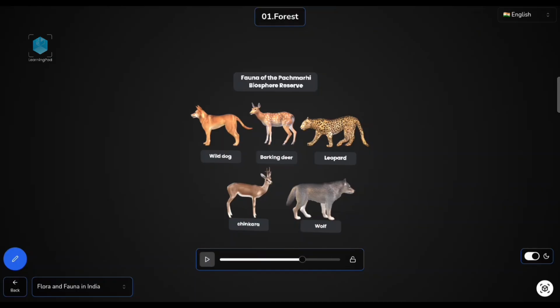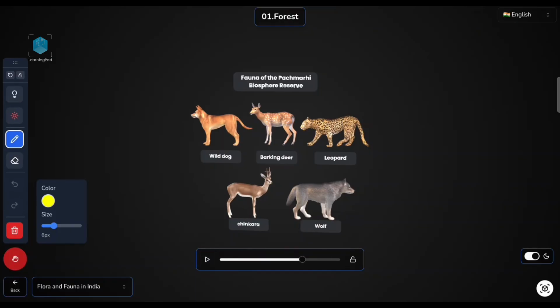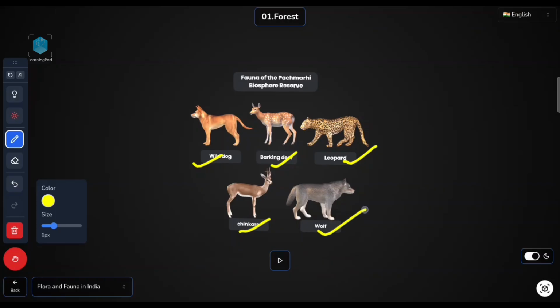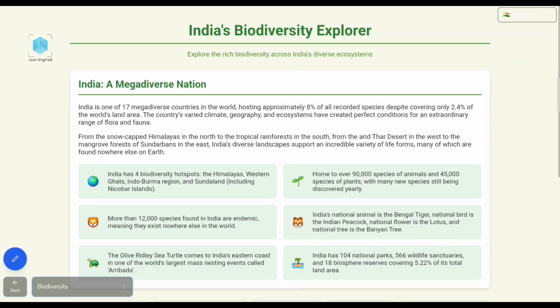Just look at them. We have wild dog, barking deer, leopard, chinkara deer, wolf. Why do you see them on the screen? This lesson is going to teach us conservation of forest and wildlife, children. We are going to learn how to conserve the forest and wildlife in our India.